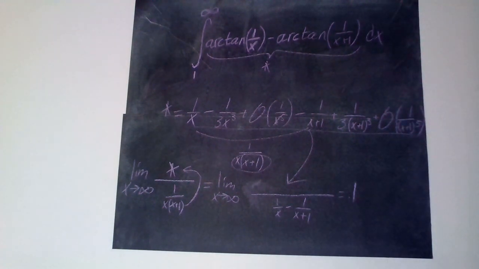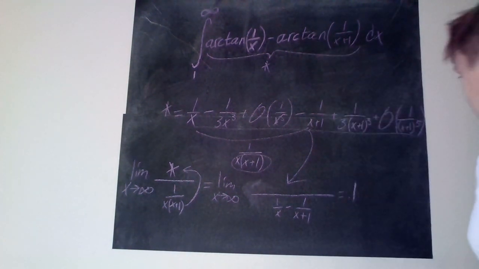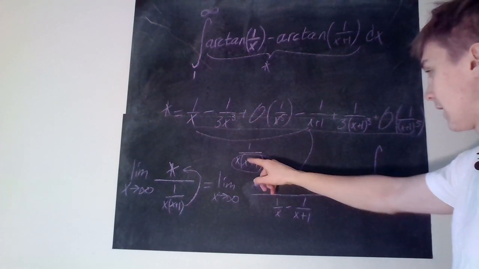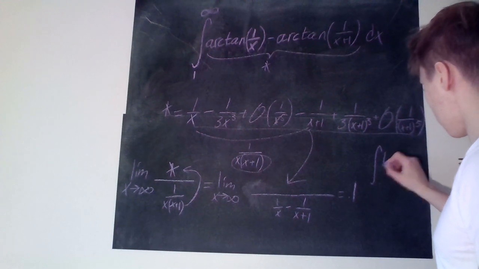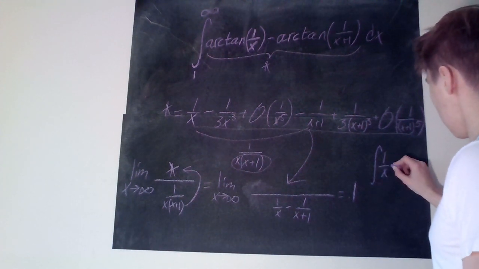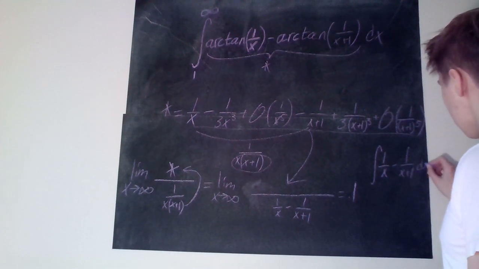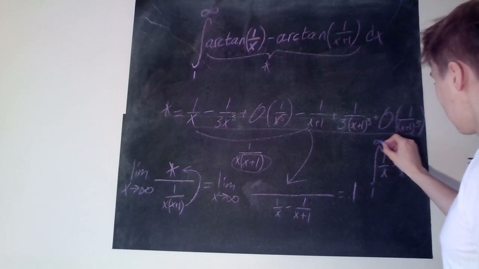And therefore, we know that this thing here has the same convergence as the integral of this, which we knew earlier was just 1 over x minus 1 over x plus 1 dx from 1 to infinity.